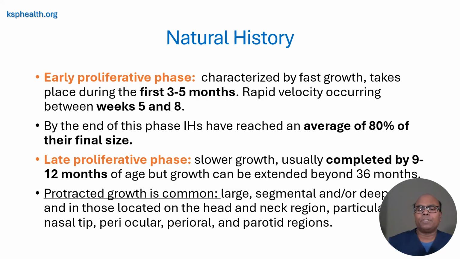Late proliferative phase is slower growth, usually completed by 9 to 12 months of age, but growth can be extended beyond 36 months. The protracted growth is common when there is a large segmental or deeper hemangioma and those located in the head and neck region, particularly nasal tip, periocular, perioral, and parotid region.